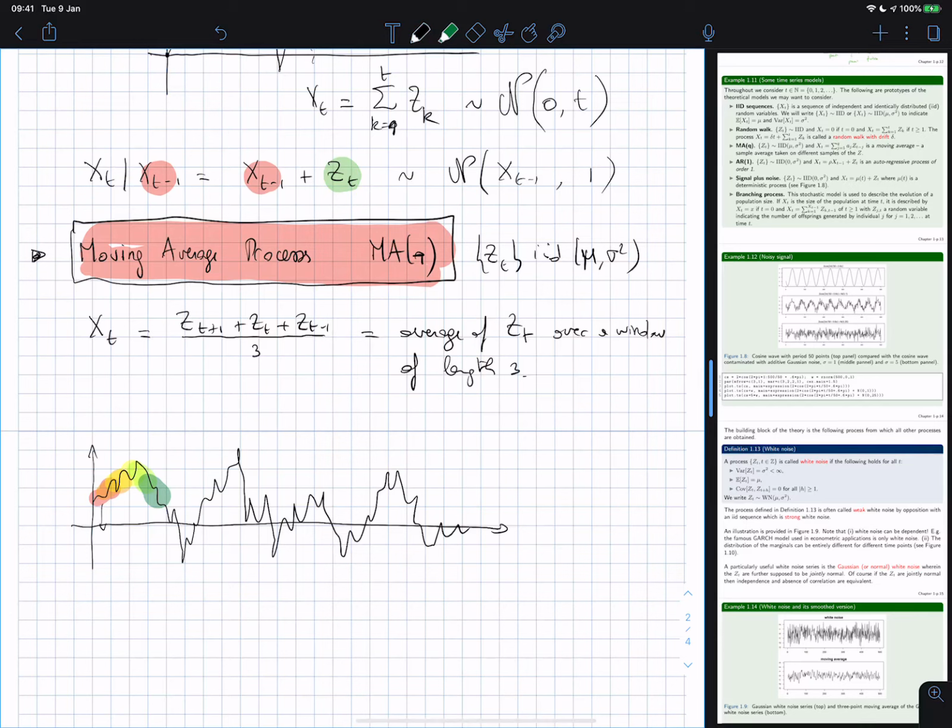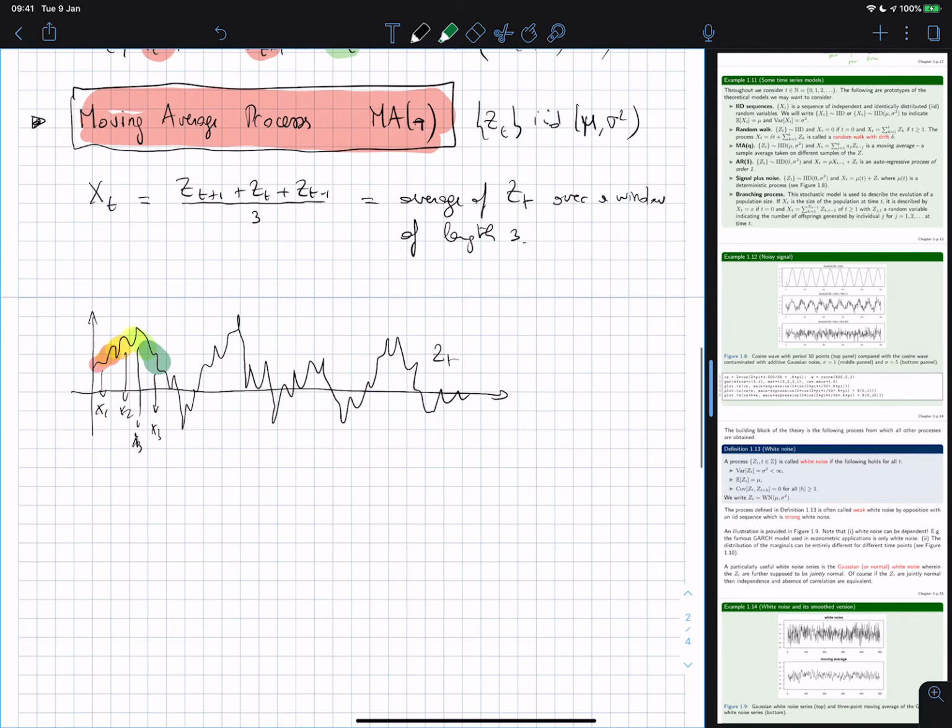This would give you x1, this x2, this x3, and so on. If you look at the Xt's rather than the Zt's, it's going to follow basically the same kind of behavior, but with somewhat less volatility and a little more smoothness. My drawing is not good at all, I'm sorry, but I hope you get the idea. You have some kind of smoothing effect.